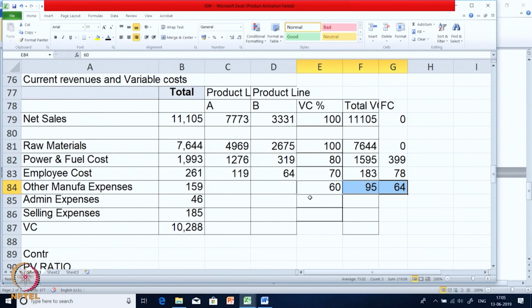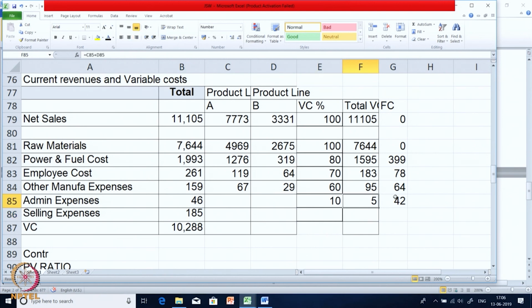For other manufacturing, 60% is variable. So, 95-64, that 95 is again broken into A and B as 67 and 29. Admin only 10% variable.